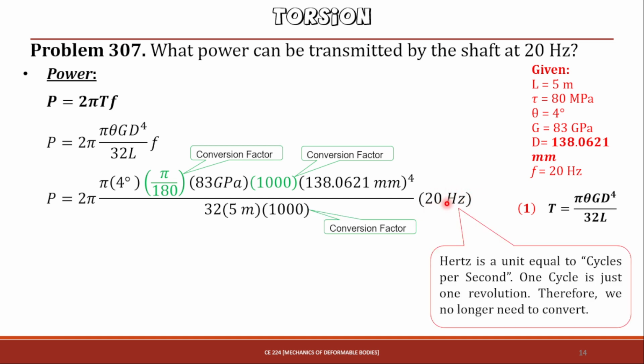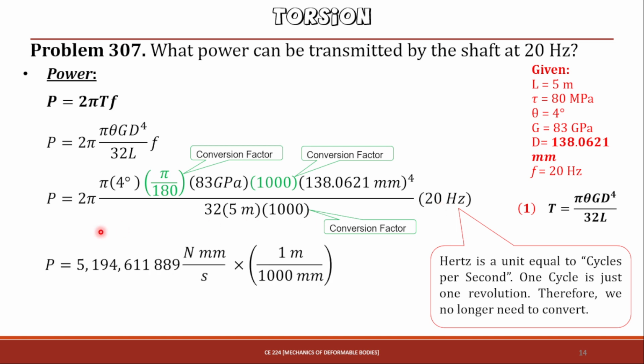So, yung 20 hertz, hindi na natin siya kailangang i-convert because it is a unit for cycles per second. So, pag isang cycle, parang isang rotation ang tinutukoy nyo dyan. Isang rotation per second. So, 20 hertz is just a unit of revolutions per second. Okay?